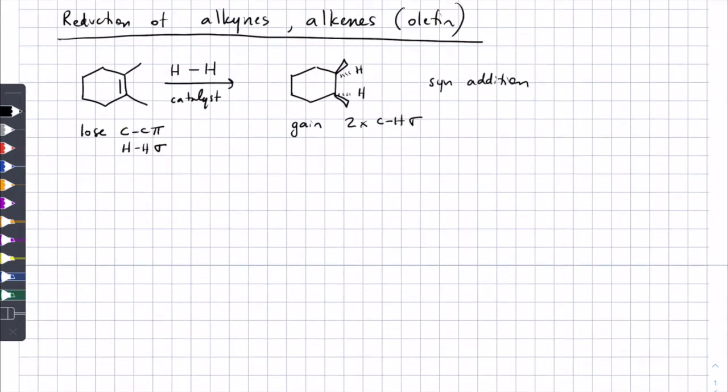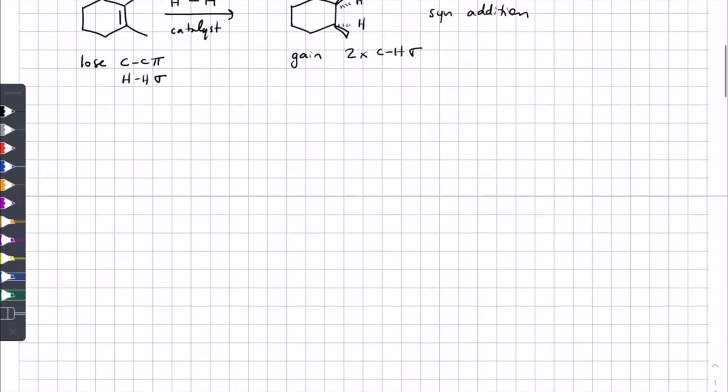And as I said, this is downhill in energy, but you could put the olefin in with hydrogen, and without a spark or without any catalyst, nothing would happen. But the catalyst facilitates this process. And the catalyst we're going to use is a transition metal called palladium, and its symbol is Pd. We're going to use it in its zero oxidation state, so sometimes people will write that Pd with a little zero.